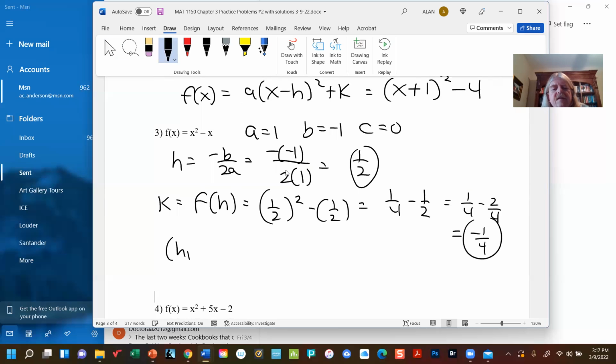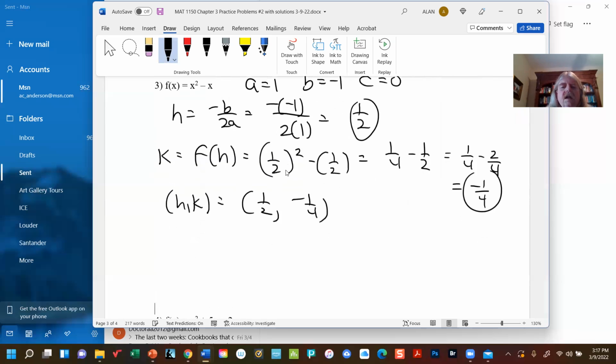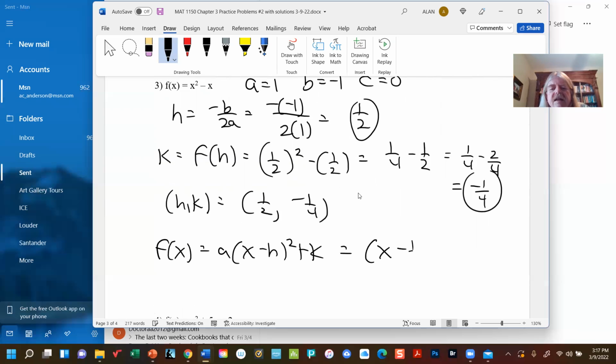So therefore we have as our vertex 1/2 comma negative a quarter. And therefore the function in vertex form, once again, just by a ridiculous coincidence, a was equal to 1. So we just need x minus a half, squared, minus a quarter.